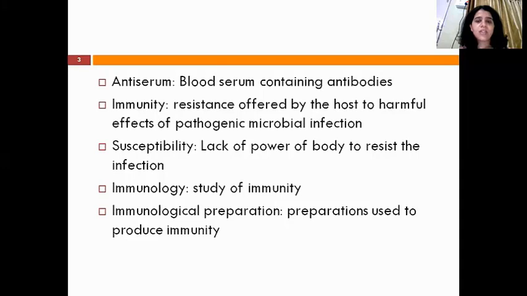Immunity. Now, what is immunity? It is the resistance offered by the host to the harmful effects of pathogenic microbial infection. So whatever microbial infection happens, the resistance the body shows, either to overcome it or to avoid it, is the immunity of that particular host.